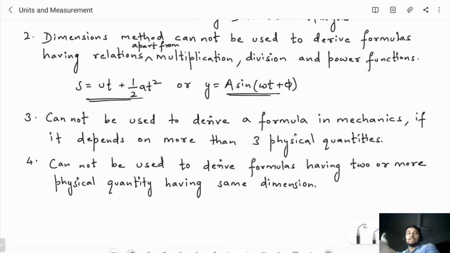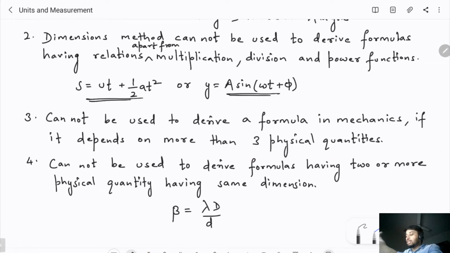Or sometimes, like fringe width, if I take for example, you will be studying about this in the wave optics topic in 12th standard. There is a formula for fringe width which is y equal to lambda D by d.